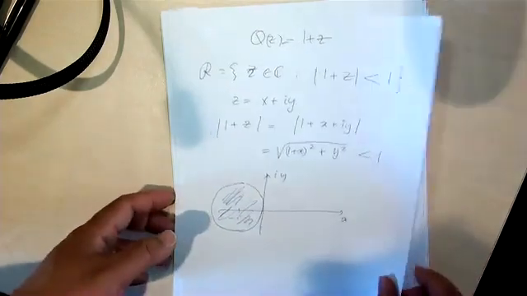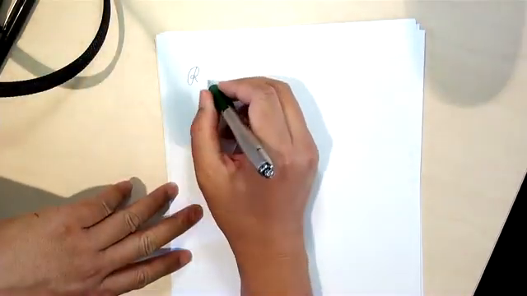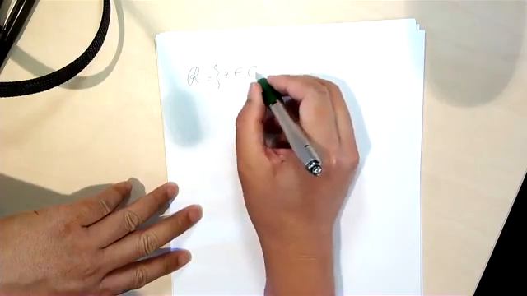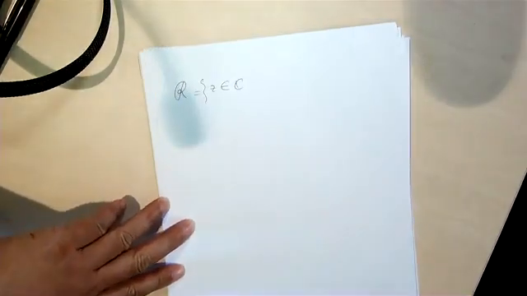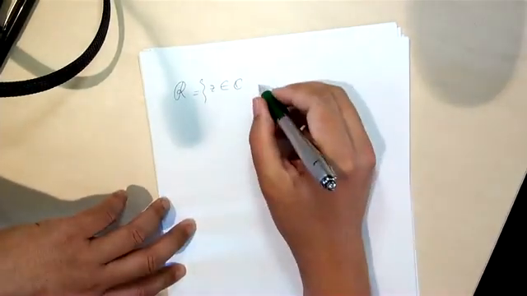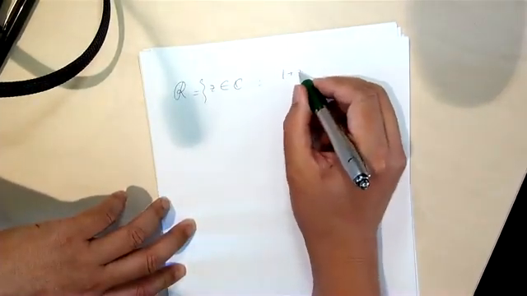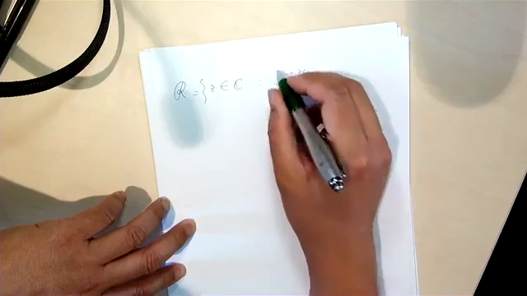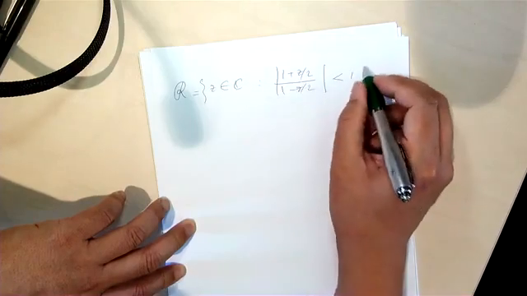So now, suppose my region of absolute stability is everything in the complex plane that satisfies the absolute value of (1 plus z over 2) over (1 minus z over 2) less than 1.